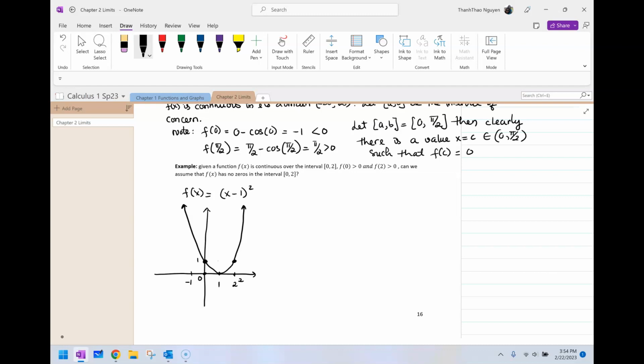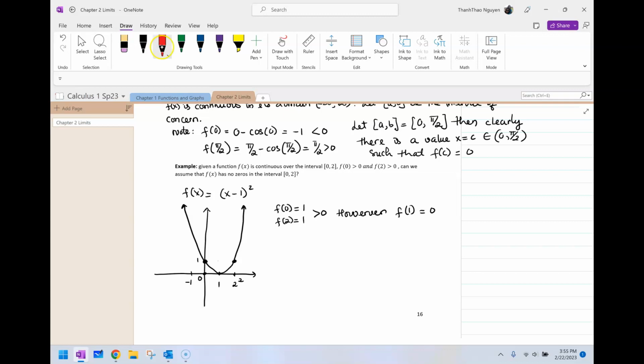Clearly, f of 0 is equal to 1 and f of 2 equals 1. They are both greater than 0, right? However, f of 1 is equal to 0. So we can't conclude that there is no 0 in the interval. We can only conclude that there exists a 0 when the sign changes.